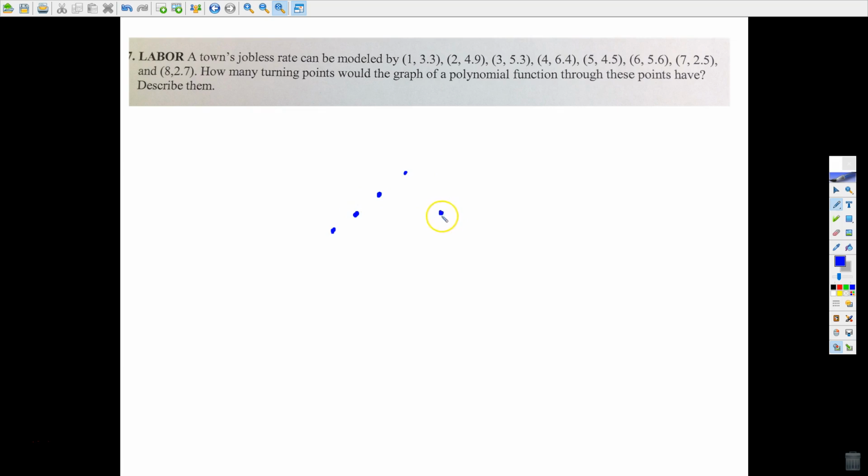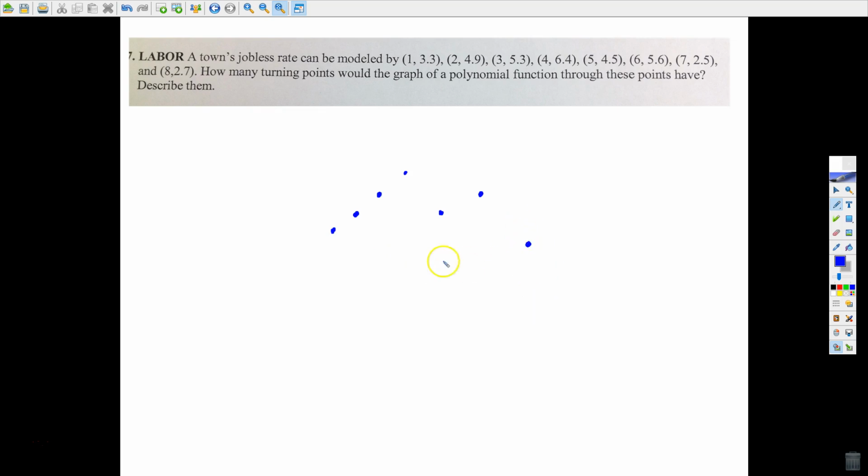The next will be 6, 5.6, and that matches up with our third, where this was 3, 5.3, so it's pretty close. 6, 5.6, and then we take another big dive, 7, 2.5. That's going to be below our first mark at 3.3.